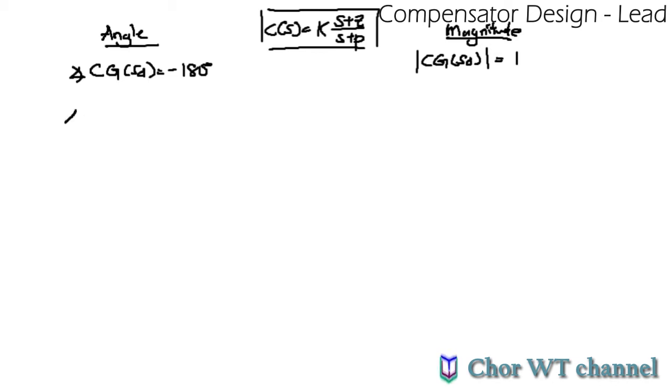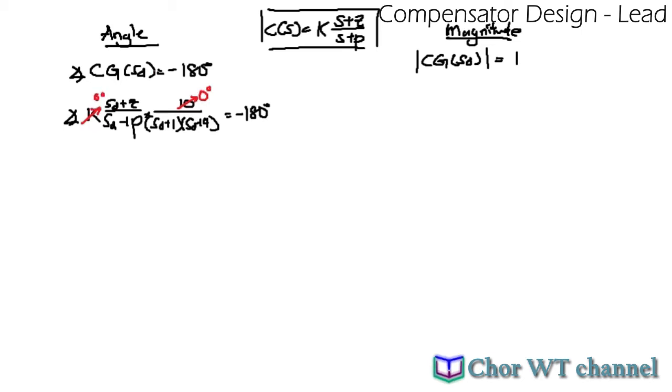The angle criterion states that the angle of K (SD plus Z) over (SD plus P) multiplied by 10 over (SD plus 1)(SD plus 4) will be equal to -180. Now you can imagine that here we can skip these two terms, which are K and 10, simply because these two terms will always give us 0 degrees.